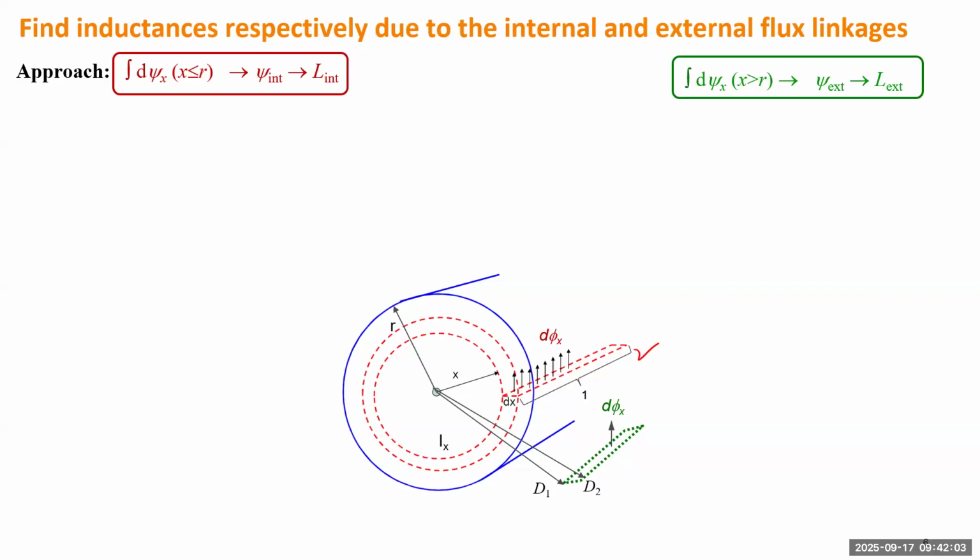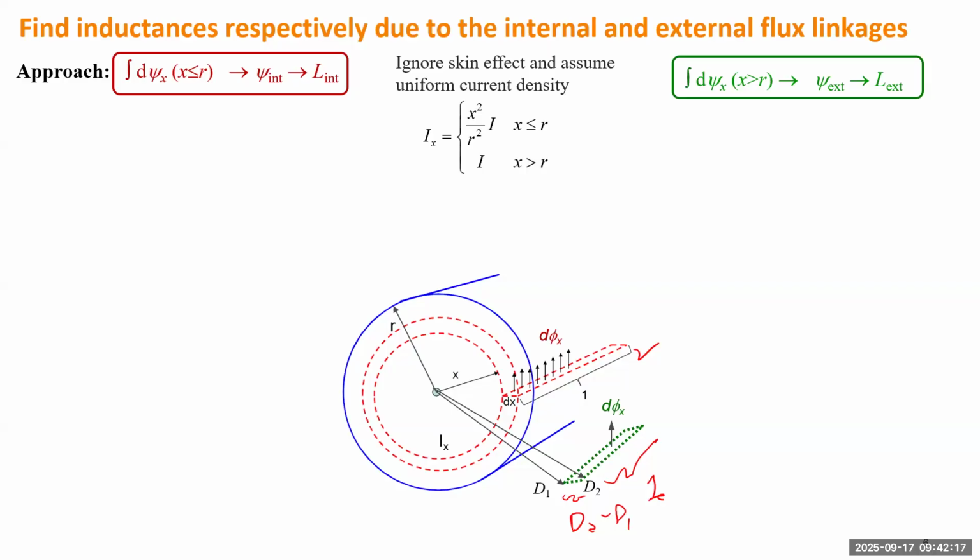And similarly, outside we also have the length of 1, and this dimension will be just D2 minus D1. And we ignore skin effect here.